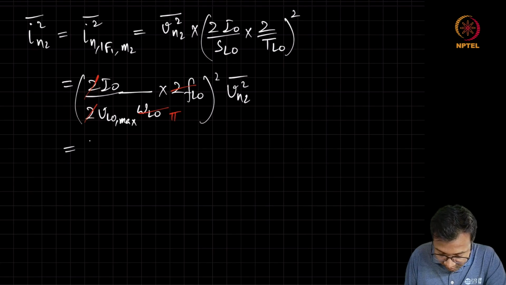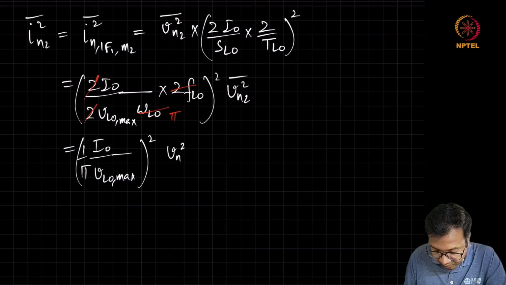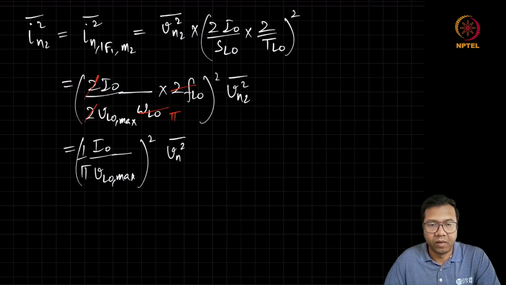Rewrite this as I0 by VLO max, whole square, multiplying with the noise PSD of M2.